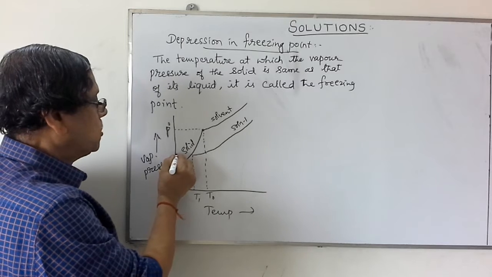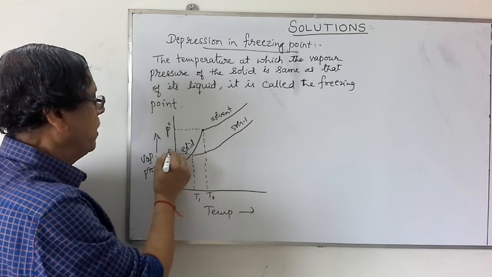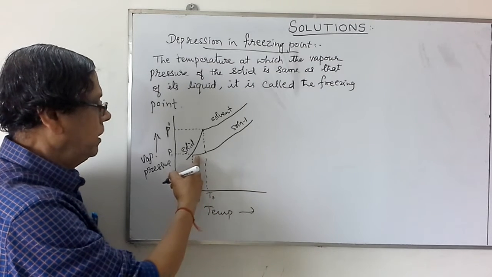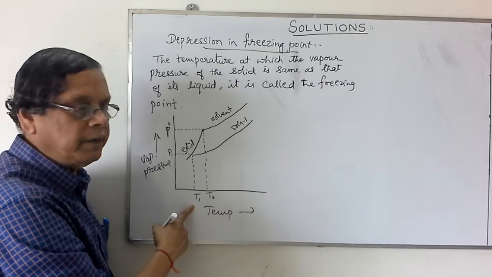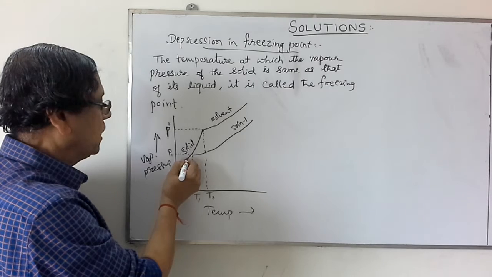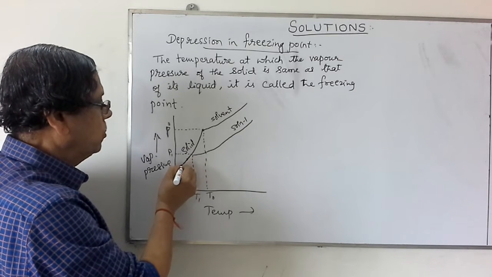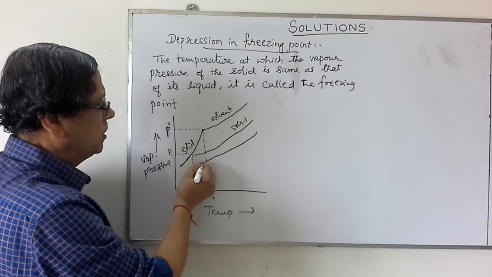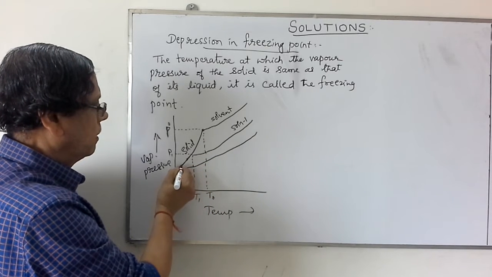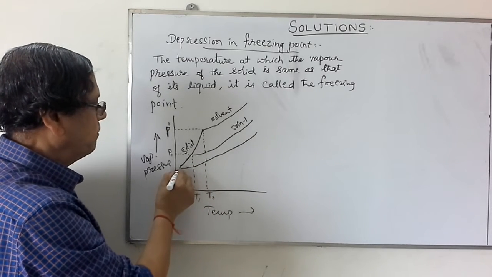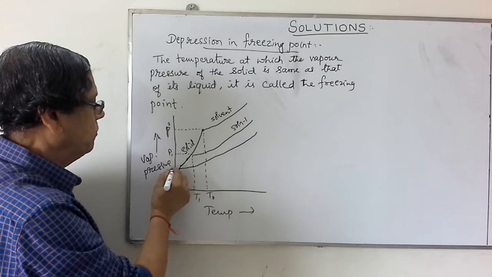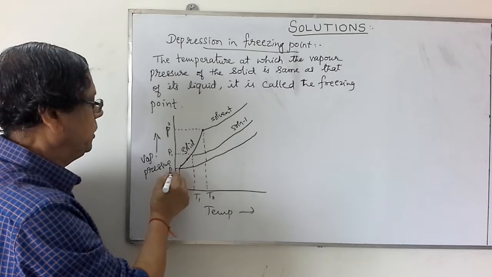The vapor pressure corresponding to this one is indicated as P1. P1 is the vapor pressure of solution 1 at this temperature T1, that is the freezing point. Now if you consider a solution with a higher concentration, the vapor pressure will be still lower, and this is the temperature at which it reaches the solid solvent curve. Let us say this is P2.